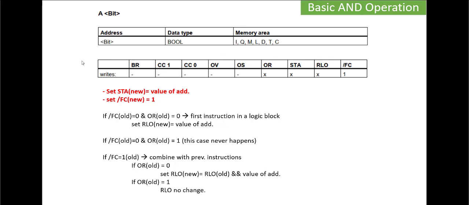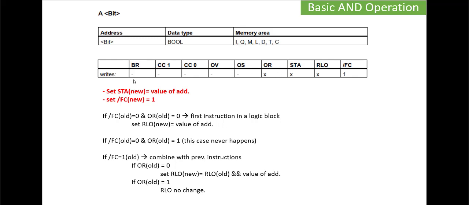Now, before we talk about how the AND instruction affects the PLC status word register, we will first say that any instruction that has an address, or any logical instruction that has a binary address provided next to it, will always move the content of the binary address into the status bit, just for monitoring purposes, as we said before.